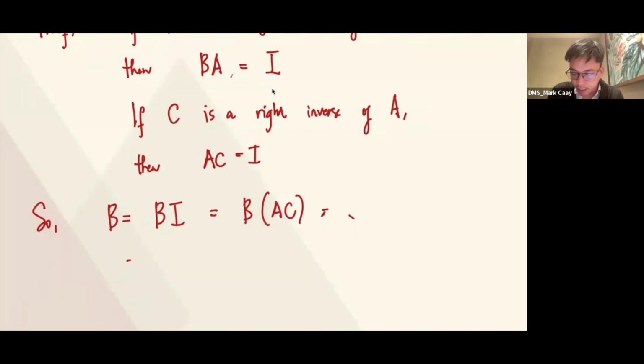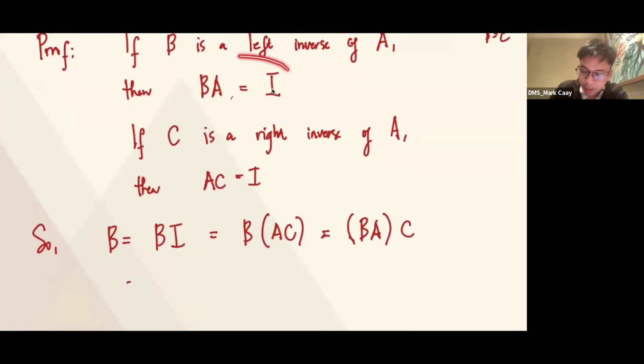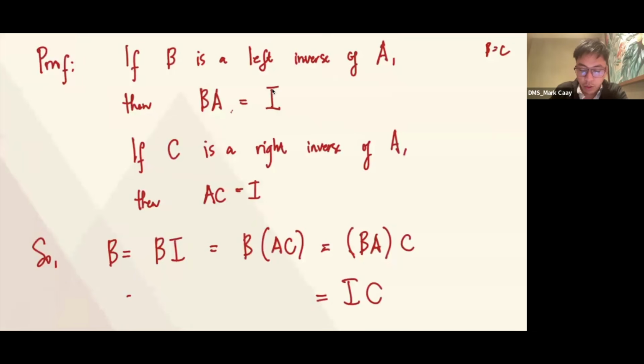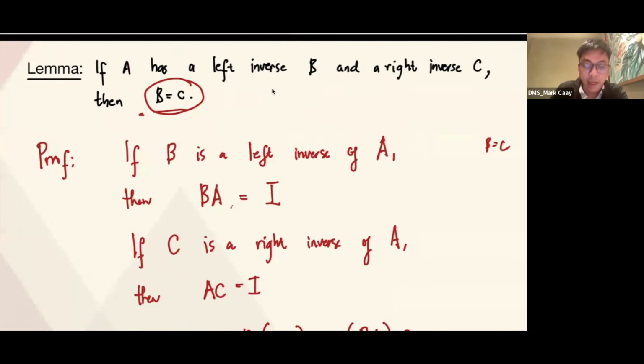So I have the fact that I can have this, tama? But we've shown already that our BA is I. So therefore, this is the same as IC. And what is IC? The product of an identity to any arbitrary matrix, the result is C. So this implies that B is equal to C. And so we have proven this claim.